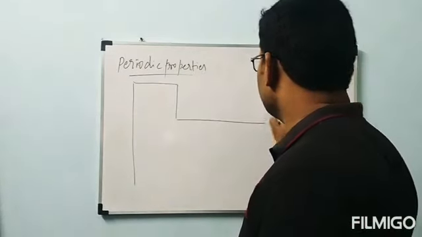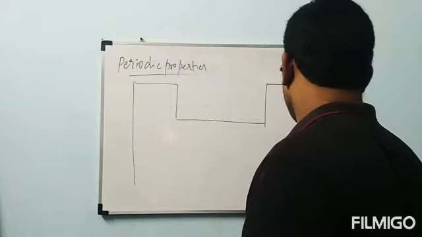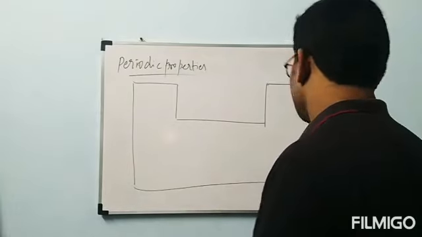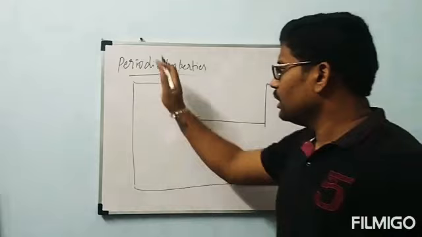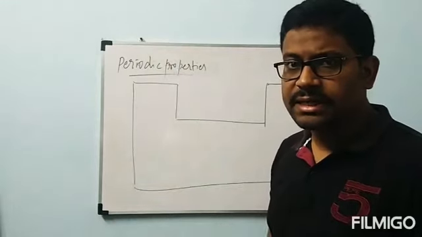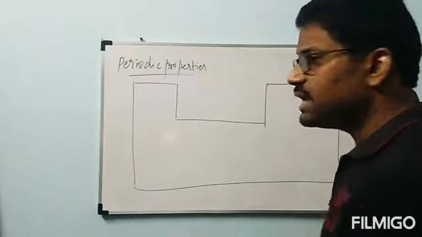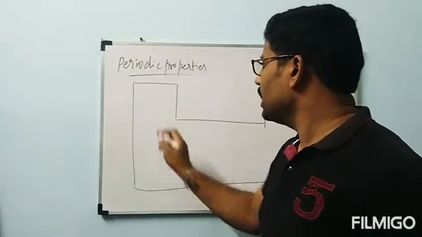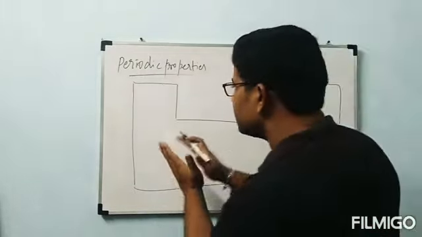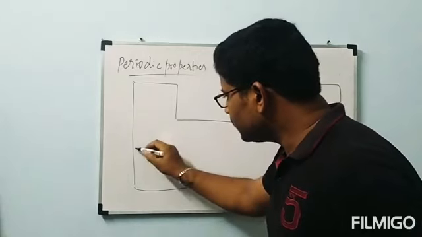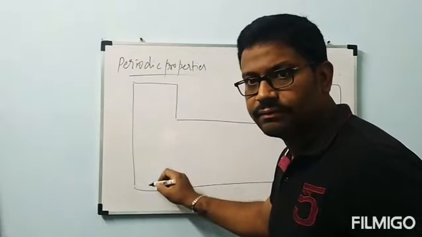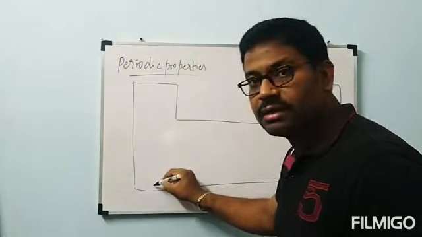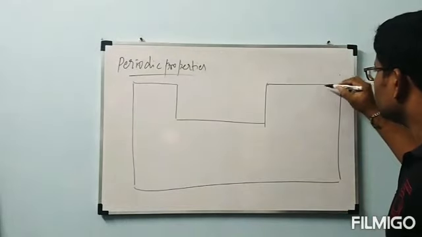This is the periodic table. We know the left side is present with metals, the right side is present with non-metals. Actually we will say diagonally. This is the region of strong metal. This is strong non-metal.